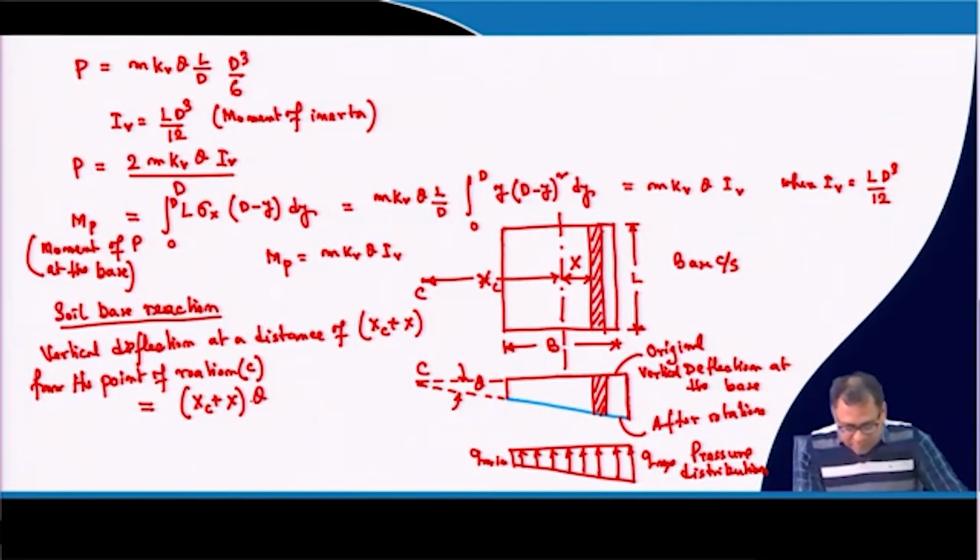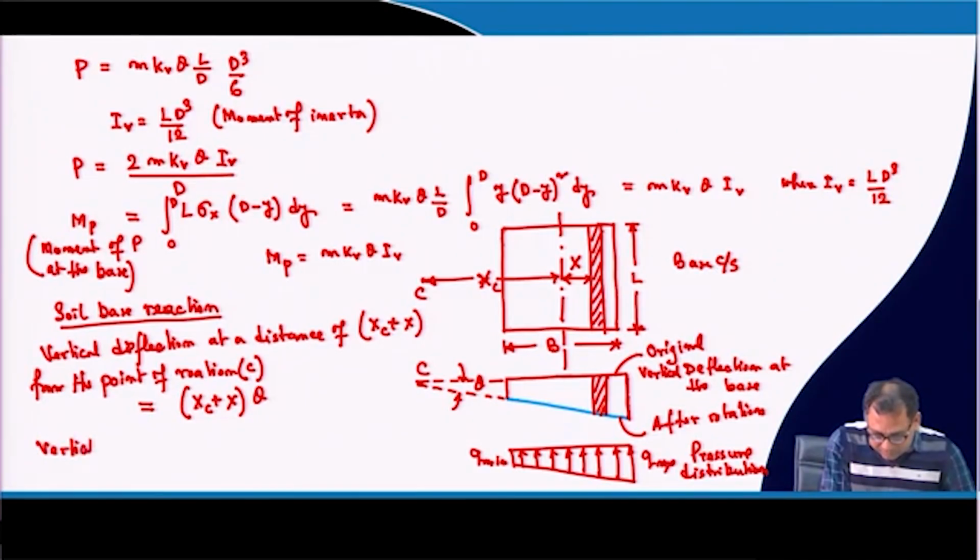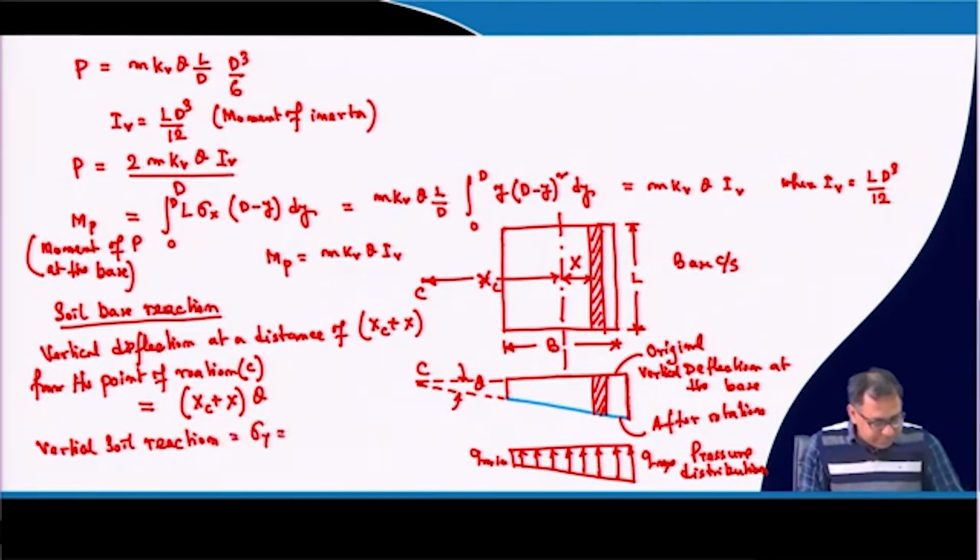So, because of the rotation, the vertical soil reaction sigma y will be how much? The deformation is this amount and we know the kV, that means the coefficient of vertical subgrade modulus. So the stress will be k into the deflection.